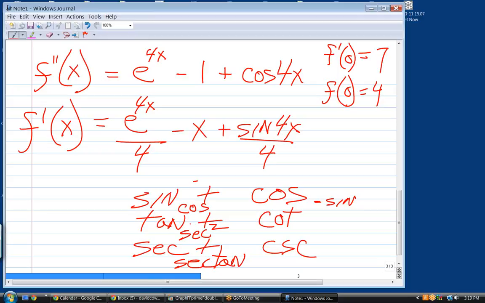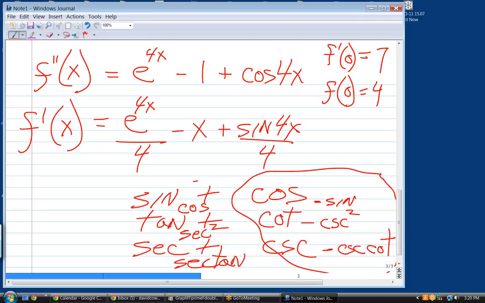If the derivative of tangent is secant squared, then the derivative of the cotangent is going to be the cofunction of secant squared, which is cosecant squared with a negative. Down here, the derivative of secant is secant tangent, therefore the derivative of cosecant is negative cosecant cotangent. So this solves itself as long as you know this rule.